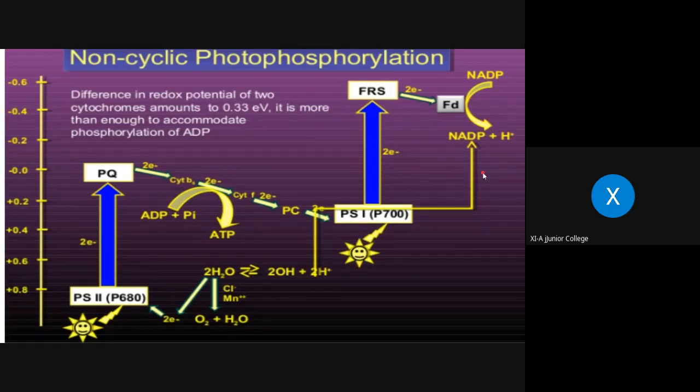Is it clear? Understood? Then what happens with this OH? This is OH minus, H plus and OH minus. This is what is seen with the splitting of water. Now this OH minus, when electrons are removed from OH, it becomes only OH. That negative charge is removed, right?